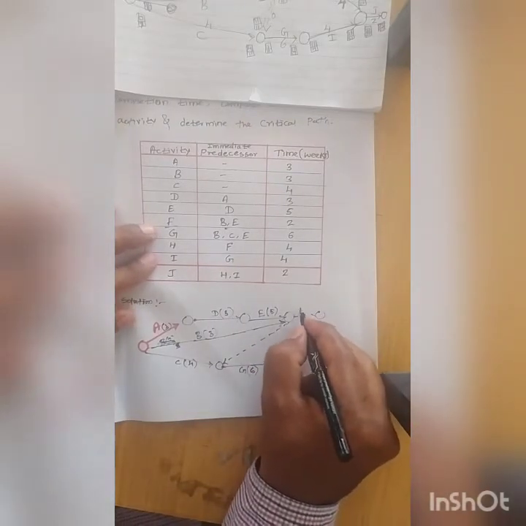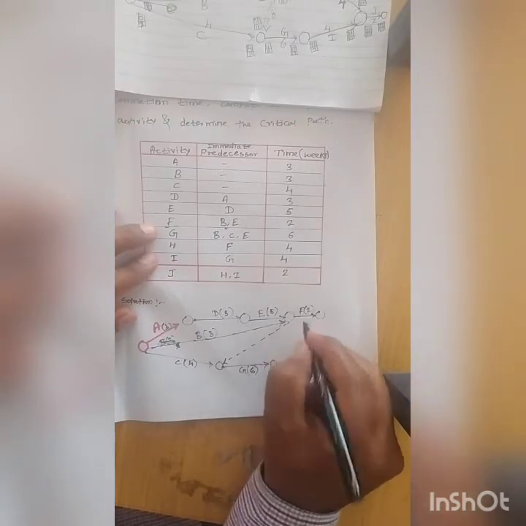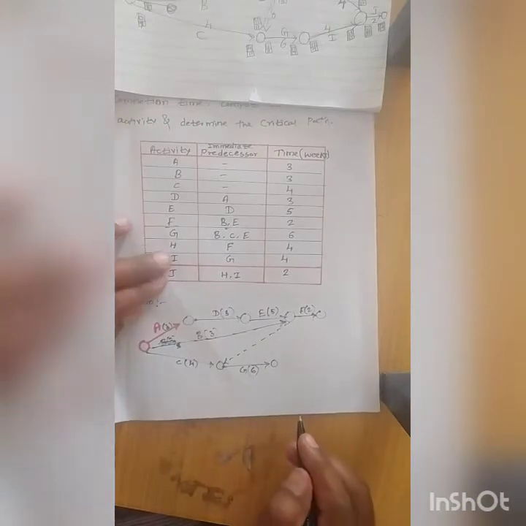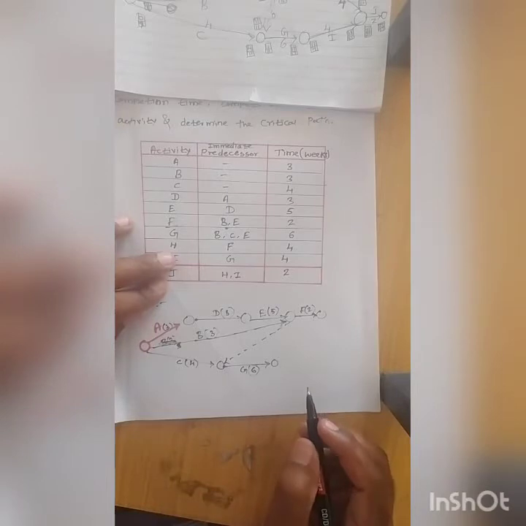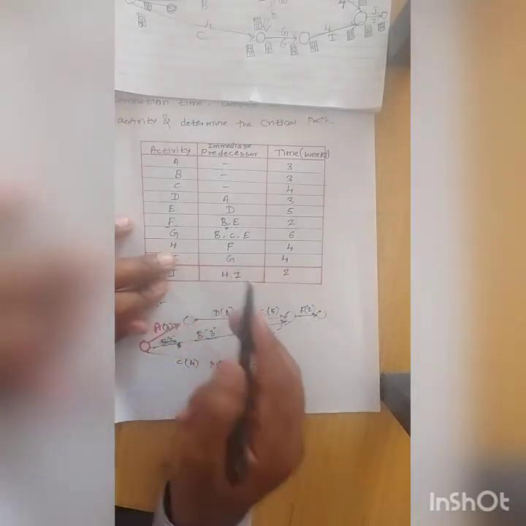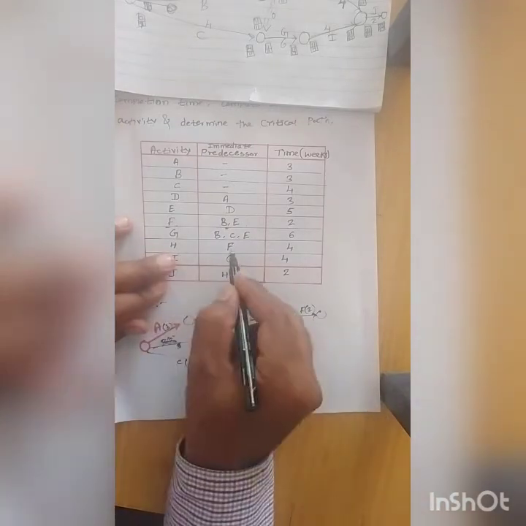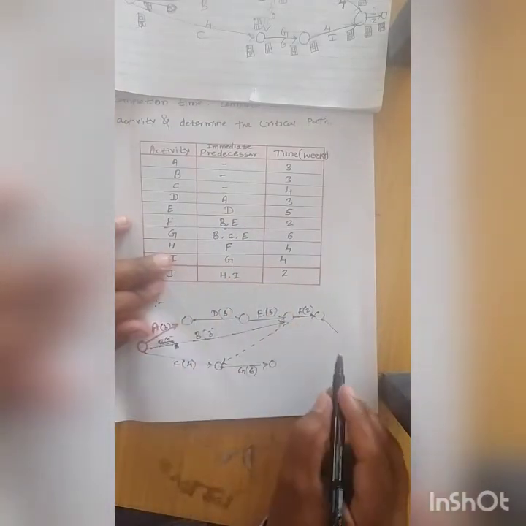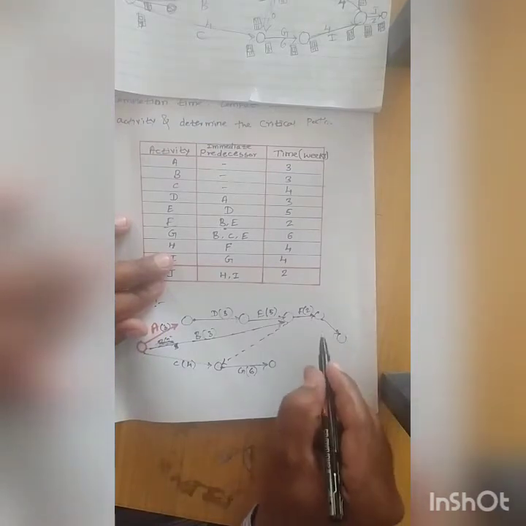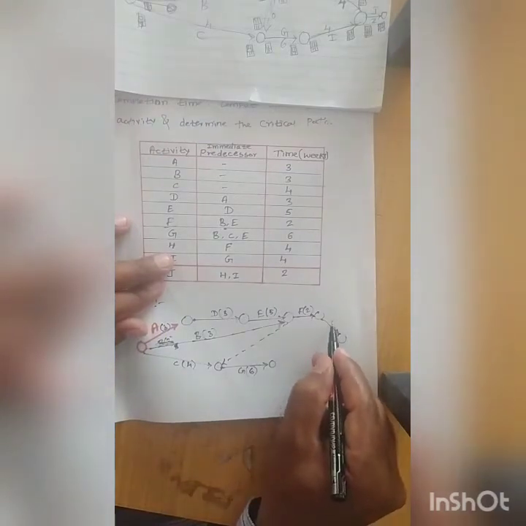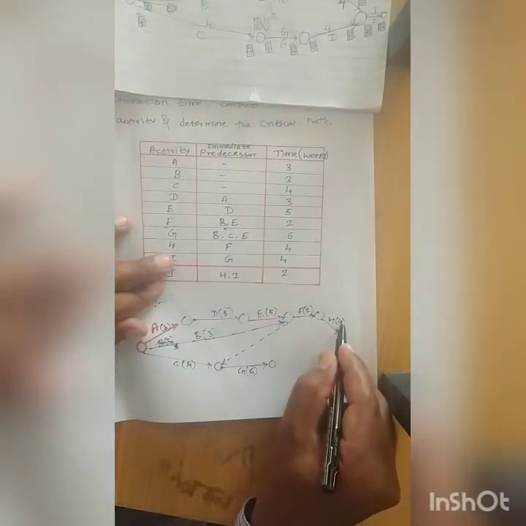This F, the duration is 2 weeks. Clear? So after that, activity H, the predecessor is F. Activity H, the duration is 4 weeks.